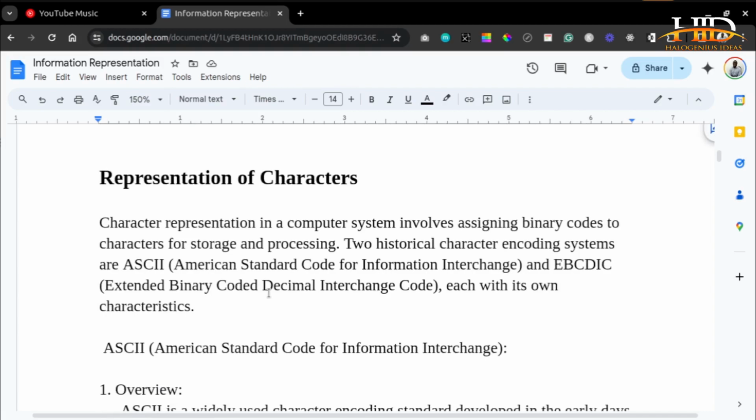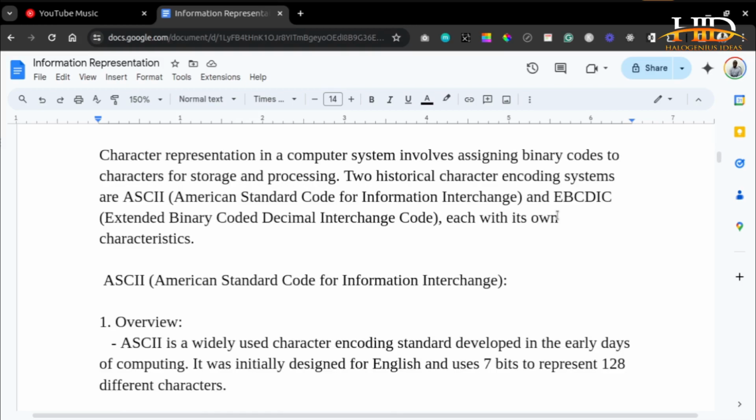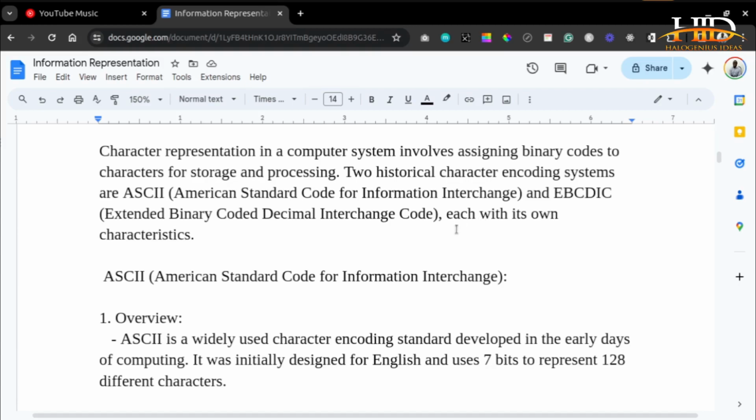So how do we represent characters in the computer? Character representation in a computer system involves assigning binary codes to characters for storage and processing. Two historical character encoding systems are ASCII, which is the American Standard Code for Information Interchange, and EBCDIC, each with its own characteristics.